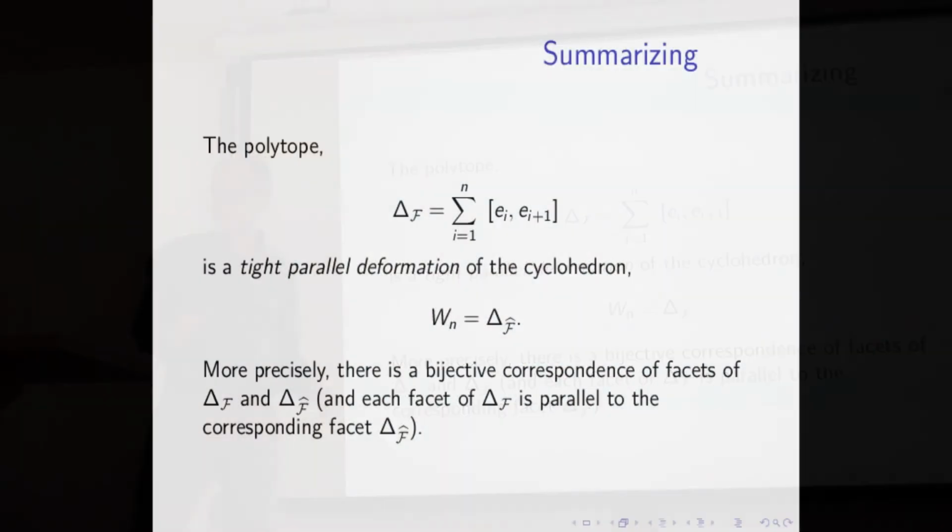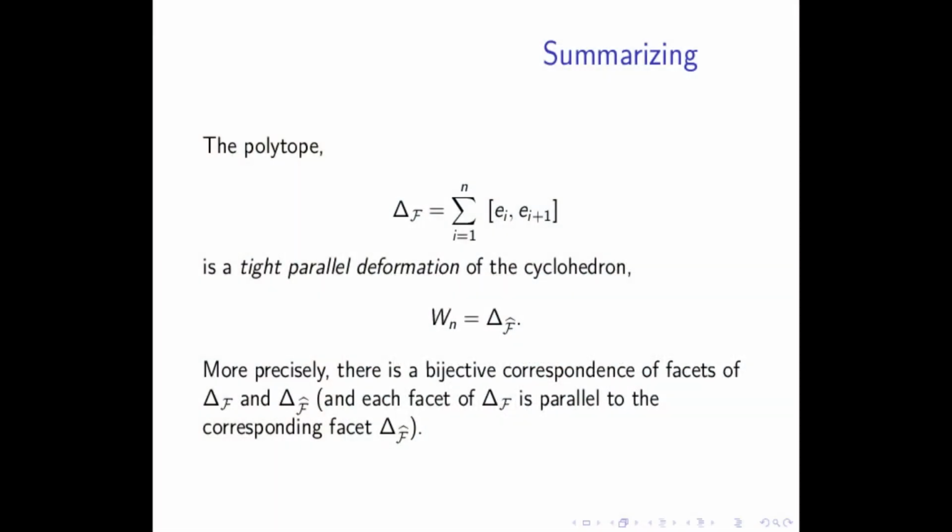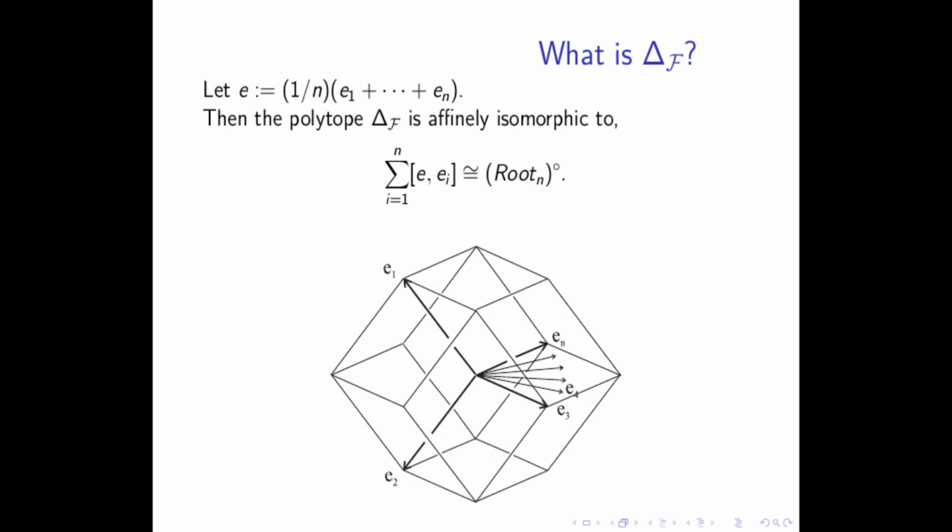This theory guarantees that by applying in suitable way this procedure, you can obtain from this cyclohedron this smaller object, this associated zonotope. And in this case, we can identify this zonotope as the generalized rhombic dodecahedron. And the proof is, look at the picture.